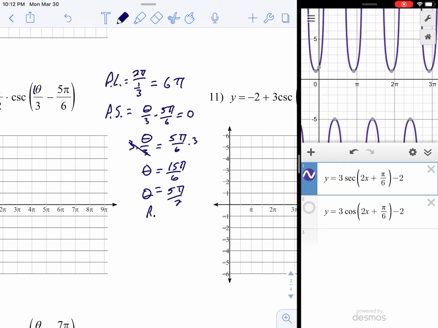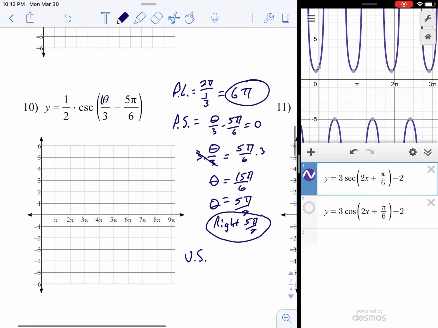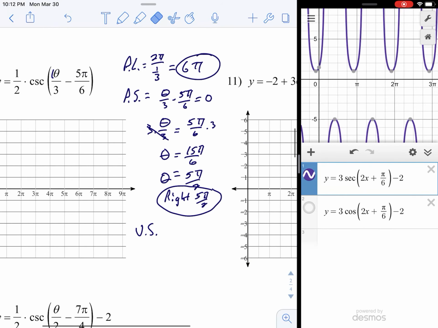So right, because it's positive, right 5 pi over 2, that's the phase shift. The vertical shift, there is no number added, not in the front, not in the back. So as far as vertical shift, there is none.